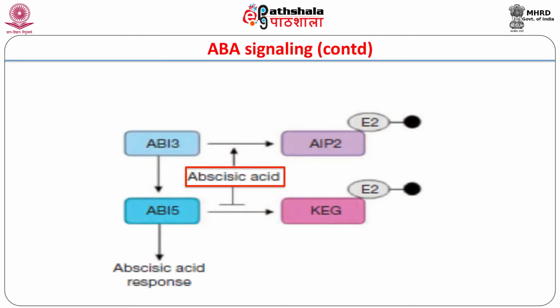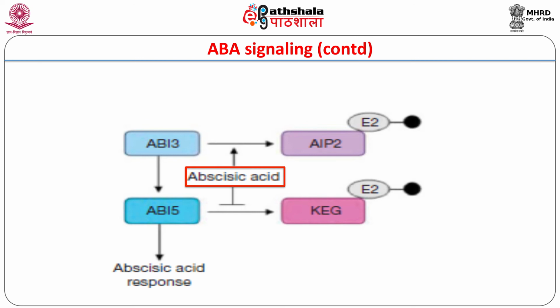ABA signaling is also known to occur through modulating the levels of transcription factors ABI3 or ABI5 through ubiquitin-mediated proteasome degradation. For example, ABI3, which is a negative regulator of ABA responses, is targeted for degradation by ubiquitination involving the E3 ligase ABI interacting protein AIP2, whose levels increase in presence of ABA.